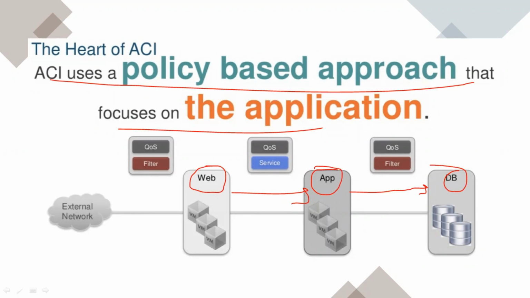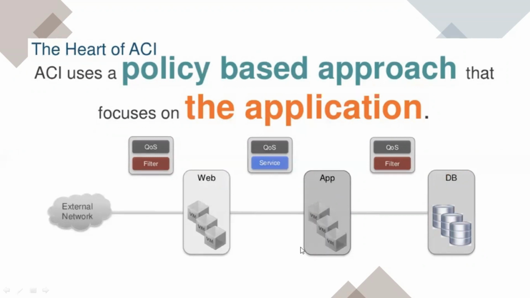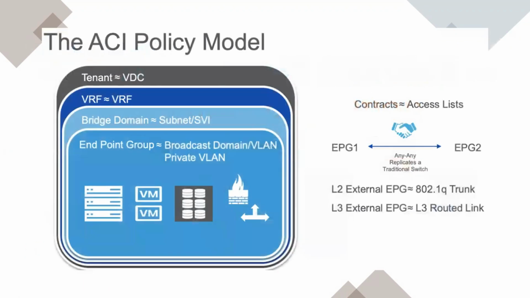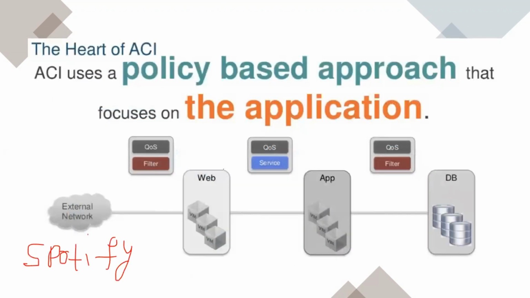Maybe you guys understand, but if you don't, just let me know. Now let's suppose you have an application, some Spotify application, a music app. The Spotify application is built with three components.